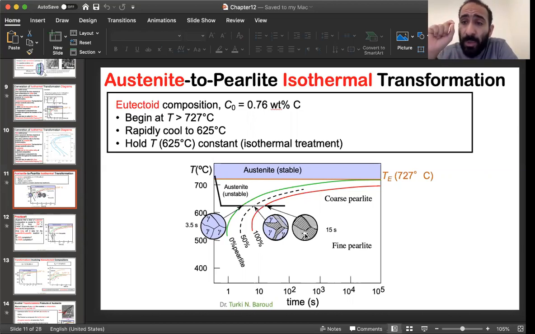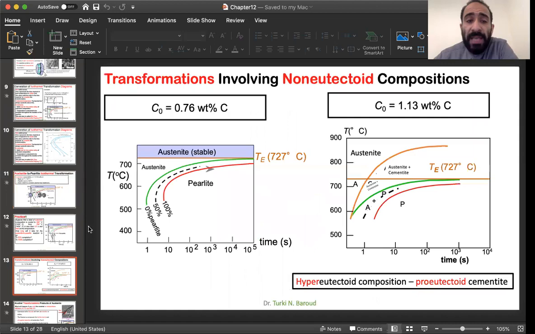So we said, let's pick one composition and look at the TTT diagram of it. But if you are at a lower or higher composition, then we have to change the way this diagram looks. For example, this is the eutectoid composition, and this is how the diagram looks.